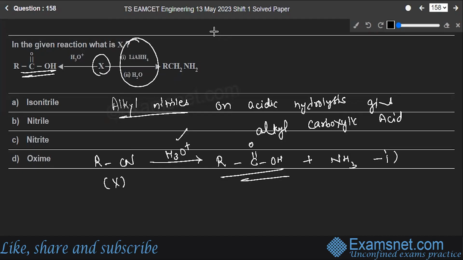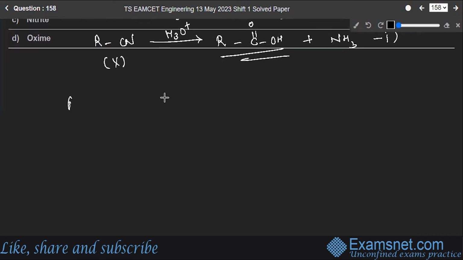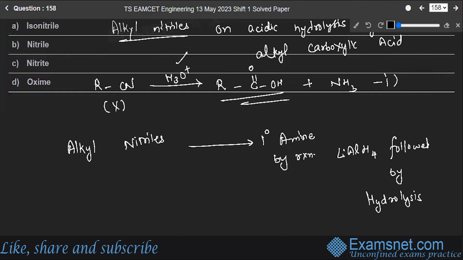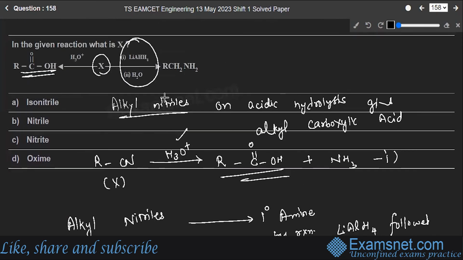Let's check for the second thing also. Now the same alkyl nitriles can be converted to 1 degree amine by reaction with lithium aluminium hydride followed by hydrolysis. Just look over here. This reaction followed by the hydrolysis. Let's write down this reaction again.